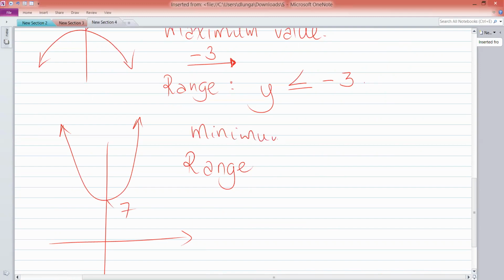So the minimum value is equal to 7. It's not going to have a maximum because these arrows here tell us it continues all the way up to infinity. So it's not going to have a maximum, but it will have a minimum. Now, the range for this one. Range is, if it has a minimum, y greater than or equal to 7, like that.